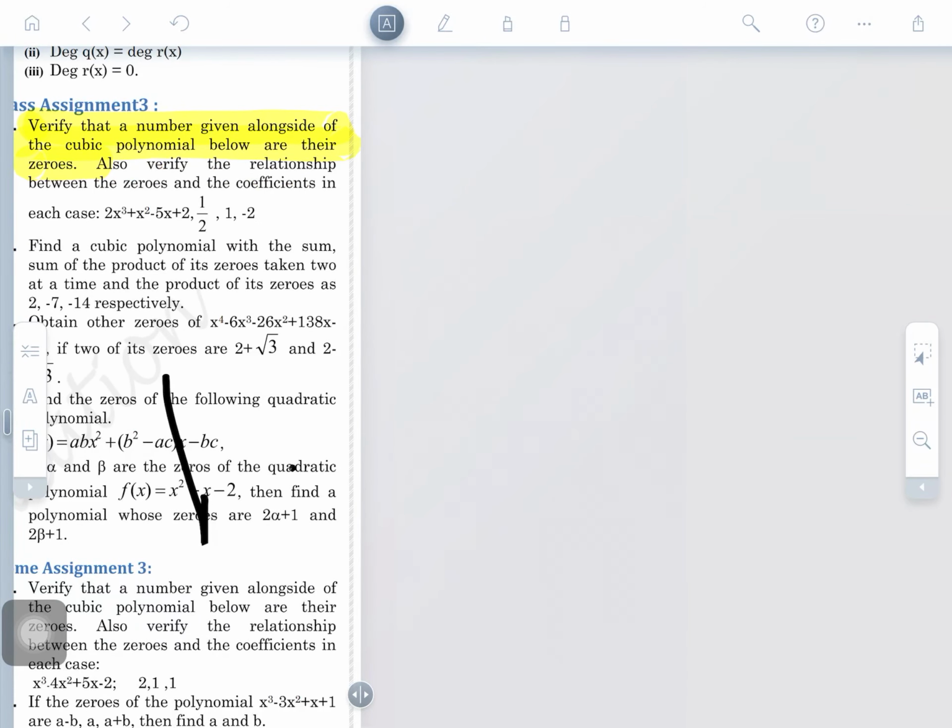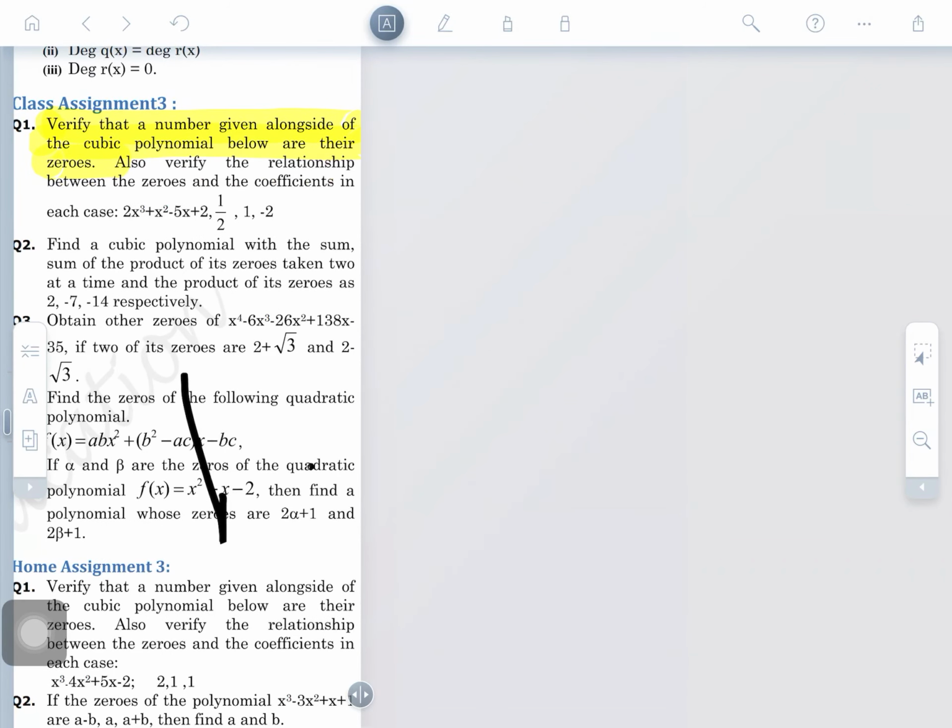You have to check whether the numbers given alongside are its zeros. So we are noting here the polynomial p of x, the method of solving the question.